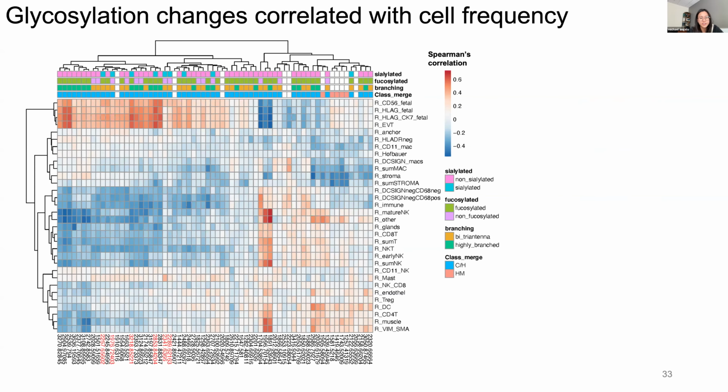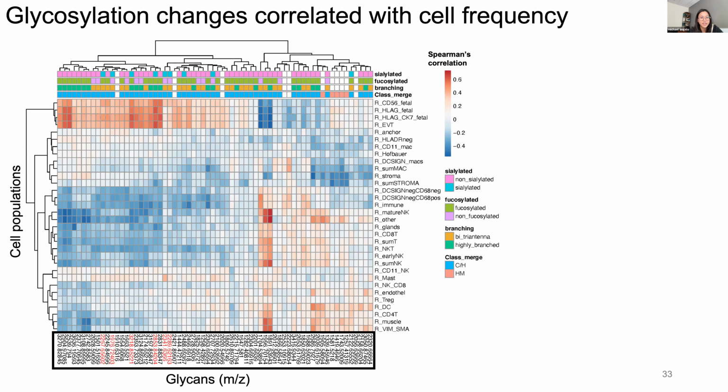On top, they are color-coded with different structural features, such as whether they are sialylated, fucosylated, branching, and what class of glycan they belong to. Between each pair of glycan and cell population, we calculate the correlation coefficient, where positive correlations are colored in red and negative correlations in blue.